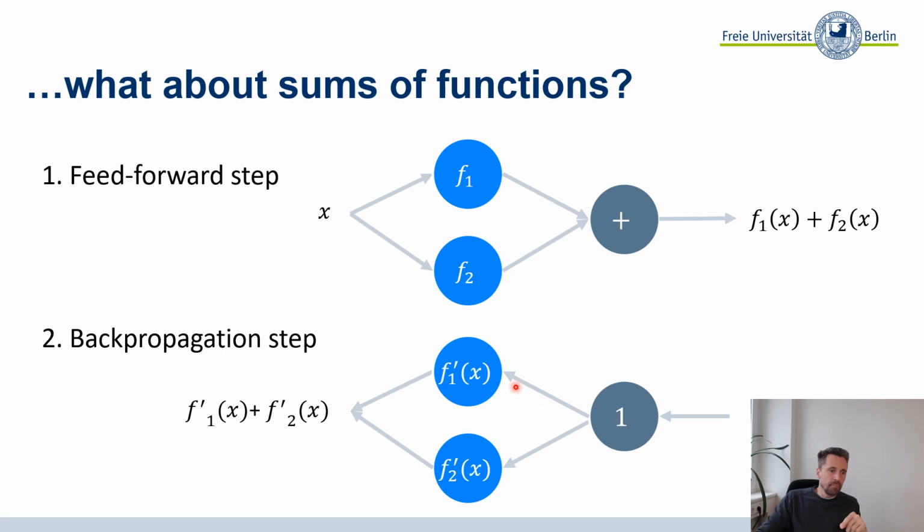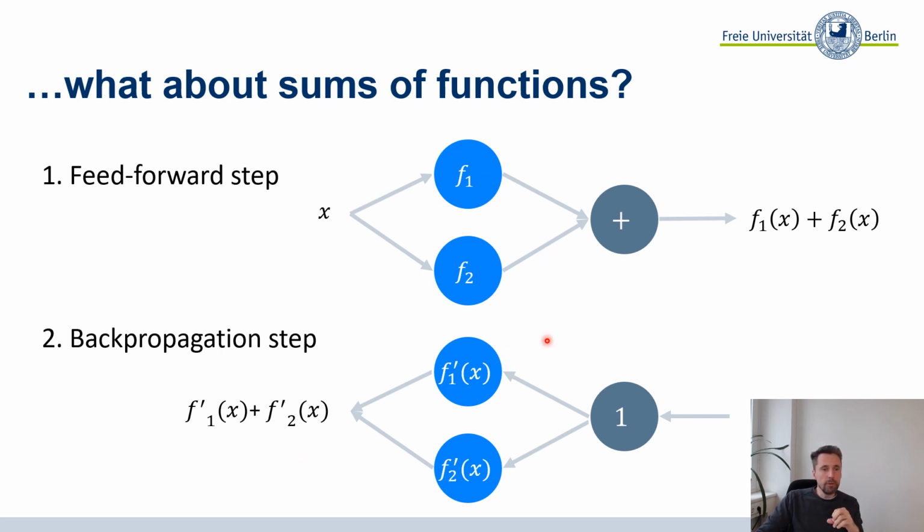And now we collect the derivative of these individual functions at their input, multiply this with whatever has been backpropagated through here and through here, and then they get summed up, right? So each individual contribution will be summed up, and this makes sense, right?